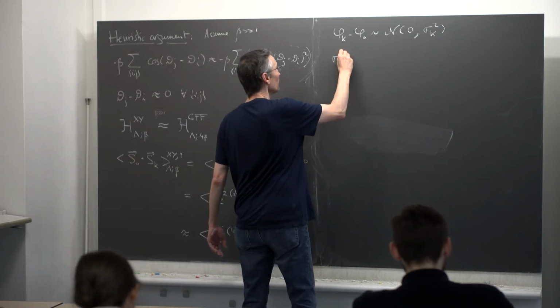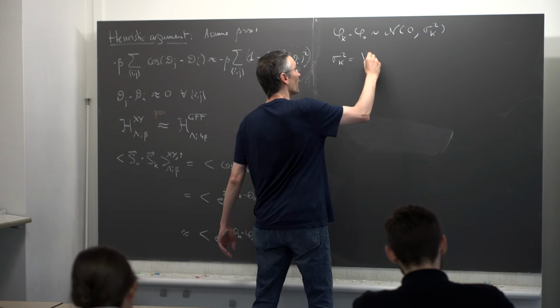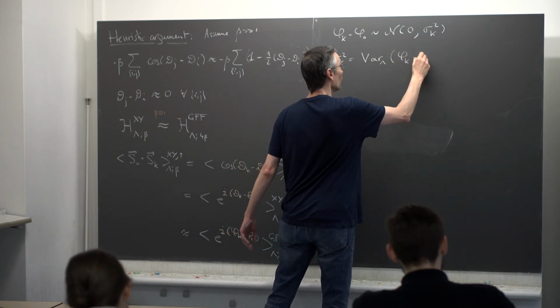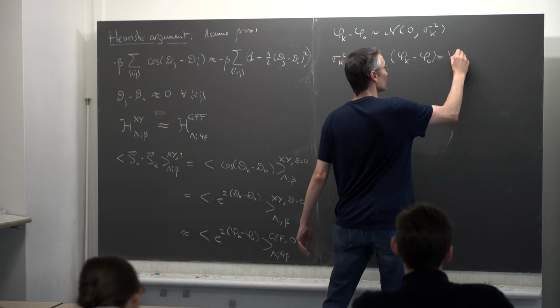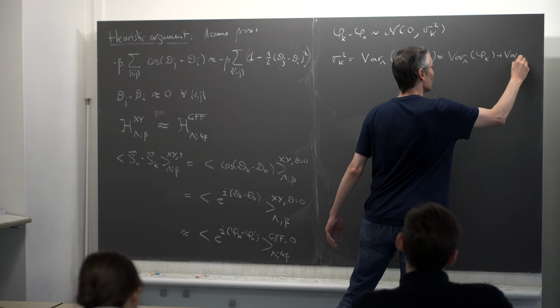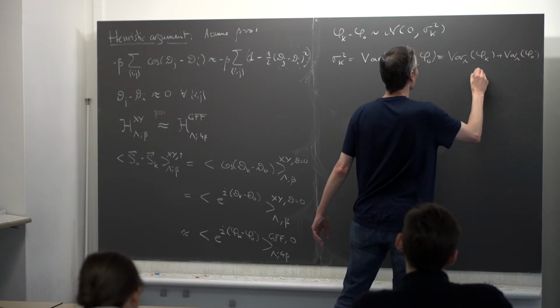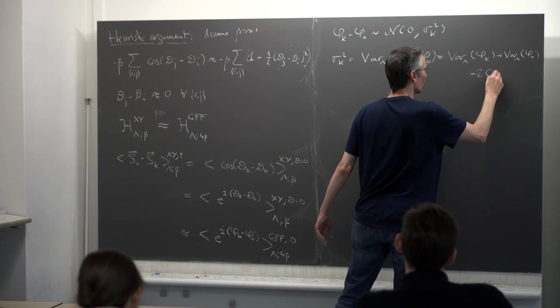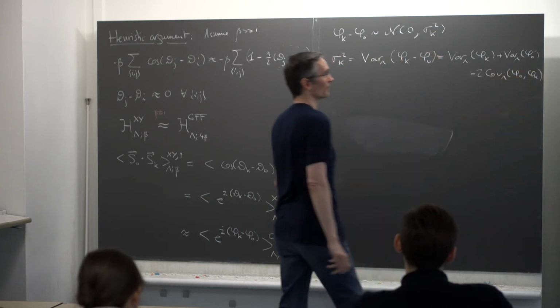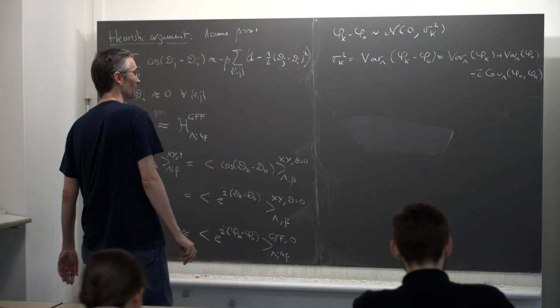So sigma square k is equal to the variance in lambda of phi k minus phi 0, which is the variance in lambda of phi k plus the variance in lambda of phi 0 minus twice the covariance in lambda of phi 0 and phi k. Just the variance of a sum.